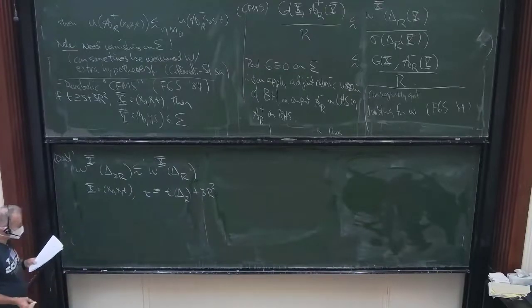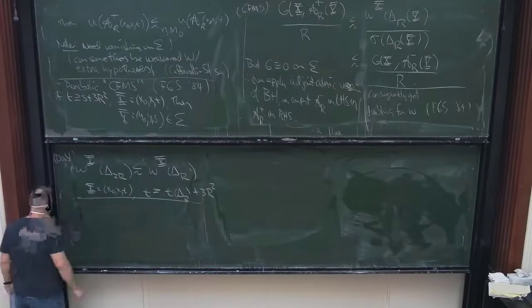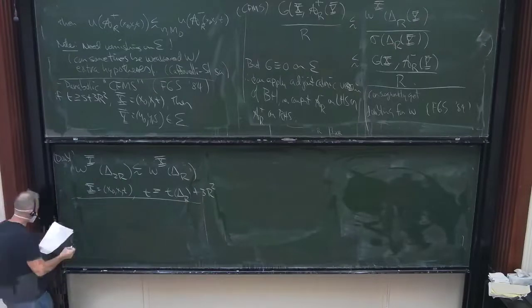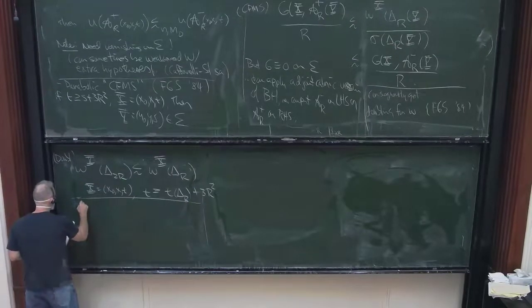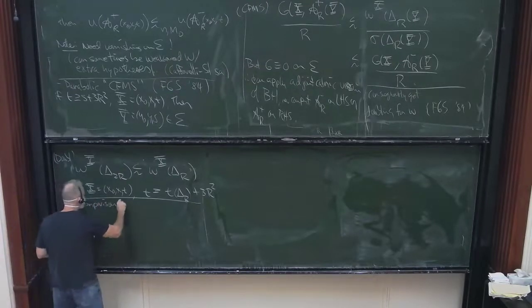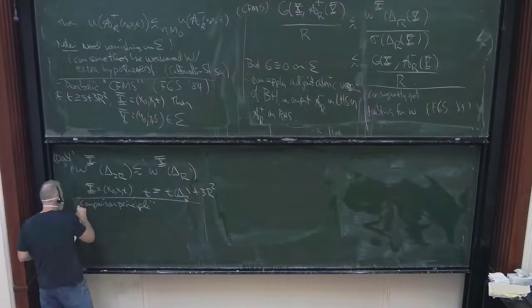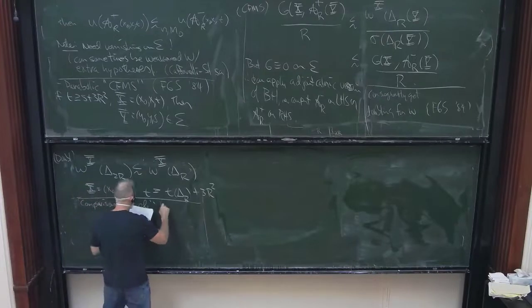All right. So, more basic results we're going to invoke. There's the so-called comparison principle. Some people call it the comparison principle, other people call it the boundary Harnack principle.